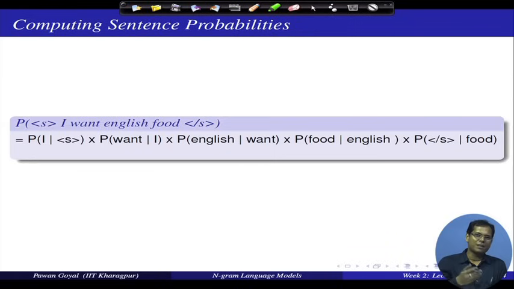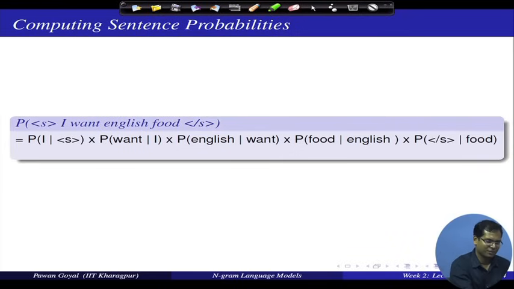So how do I use the bigram model to do that? I'll say this is the probability of I given start of the sentence, times the probability of want given I, times the probability of English given want, and so on. Because I am actually using the chain rule of probabilities, but with a first order Markov assumption. I multiply all these probabilities, and that gives me the probability of this sentence.